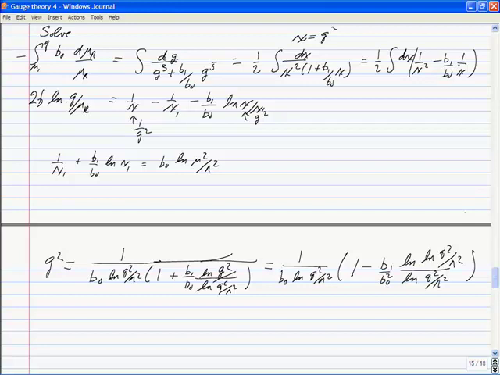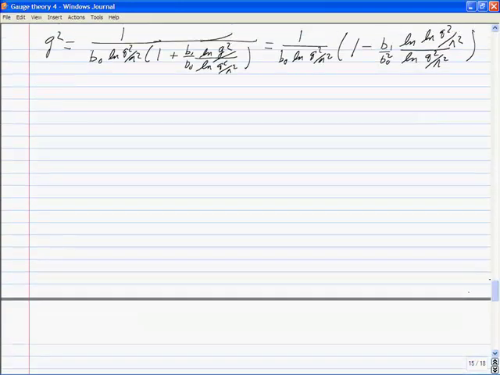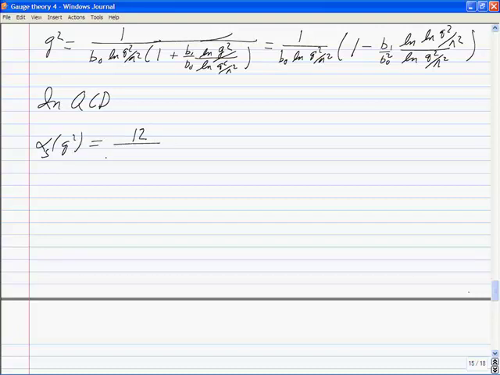And I'll just give you the real answer in QCD. In QCD, the next order piece is we have alpha s of q squared. The leading piece was this 1 over 12 pi 33 minus 2 number of flavors, log q squared over lambda squared.